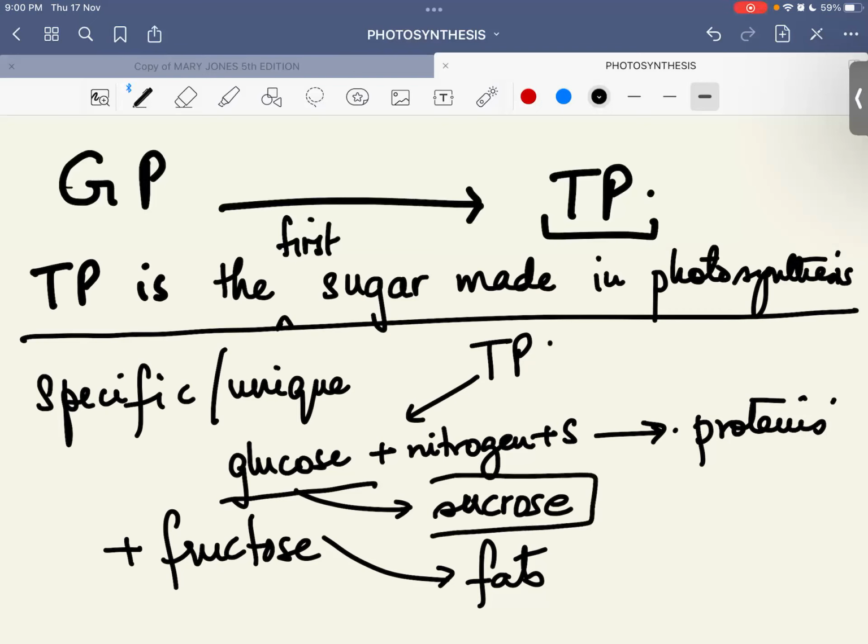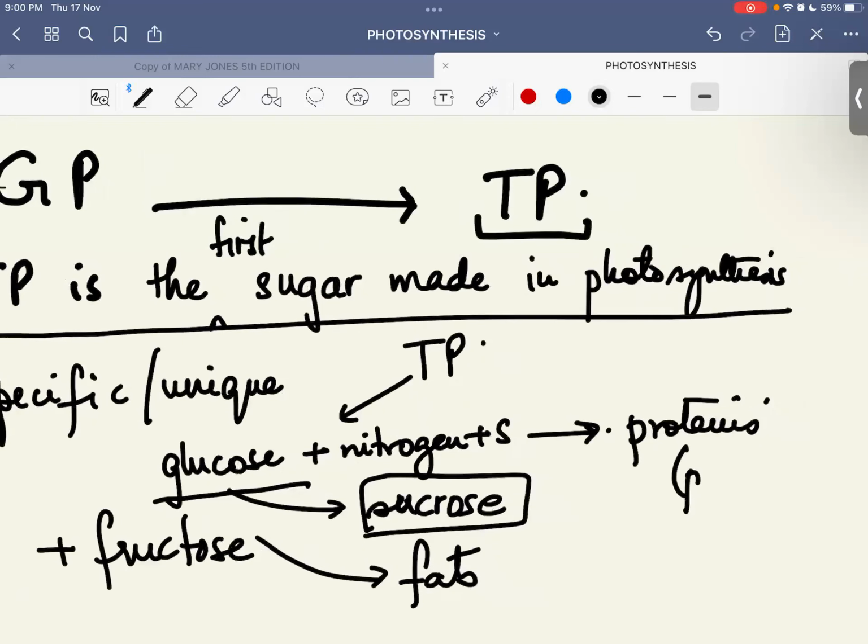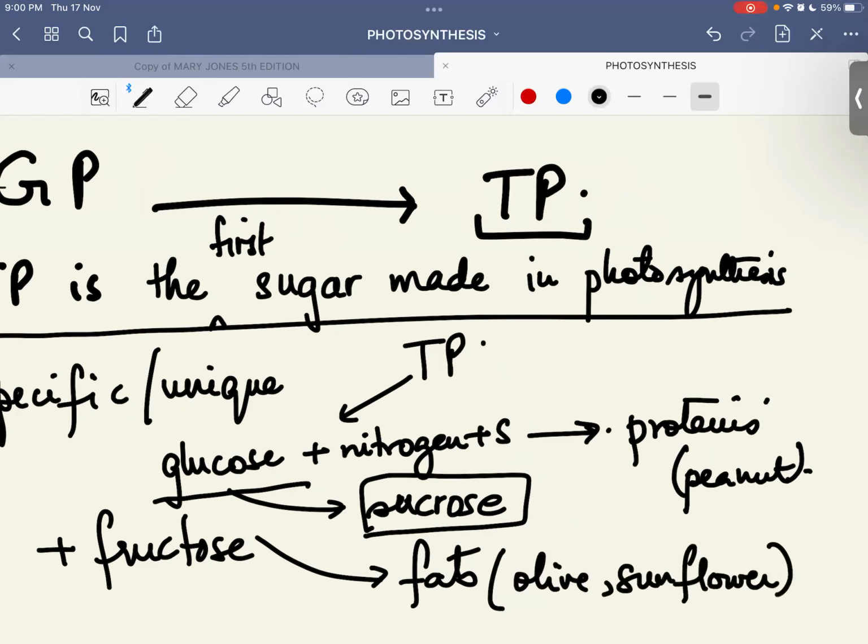For example, carrot contains sucrose. Peanut is also a plant, so peanut is rich in proteins. The olive seed and the sunflower seed are also plants, so they are rich in fats. Glucose combining with thousands of other glucose molecules can also form starch, and cellulose as well.